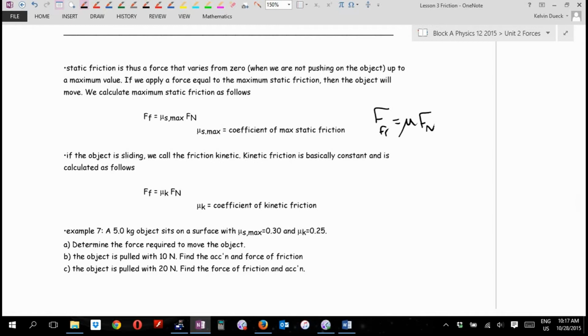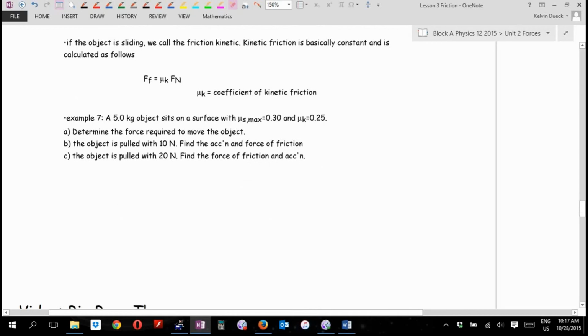But I told you it right. If the object is sliding, as Tyler noticed, once you get it sliding, it's easier to keep it moving. Now there's actually a new mu, a whole new coefficient of friction. It's called mu kinetic because we're moving. But it's still mu times the normal force.